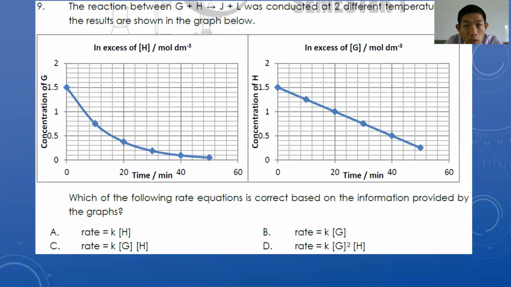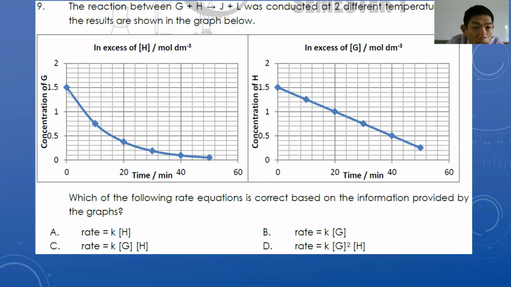Number 9, reaction between G and H to produce J and L was carried out at 2 different temperatures, as the results shown below. You have a concentration of G in excess of H, so G decreased like this, and then concentration of H increased like this. If you study carefully, I'm going to draw out the graph for you.